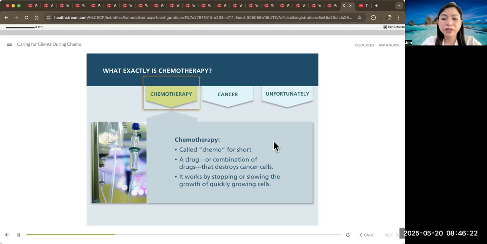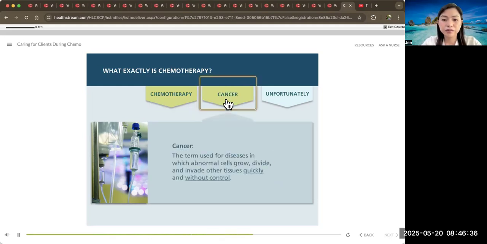Well, chemotherapy, called chemo for short, is a drug or combination of drugs that destroys cancer cells. It works by stopping or slowing the growth of quickly growing cells. What is cancer? Cancer is the term used for diseases in which abnormal cells grow, divide, and invade other tissues quickly and without control.